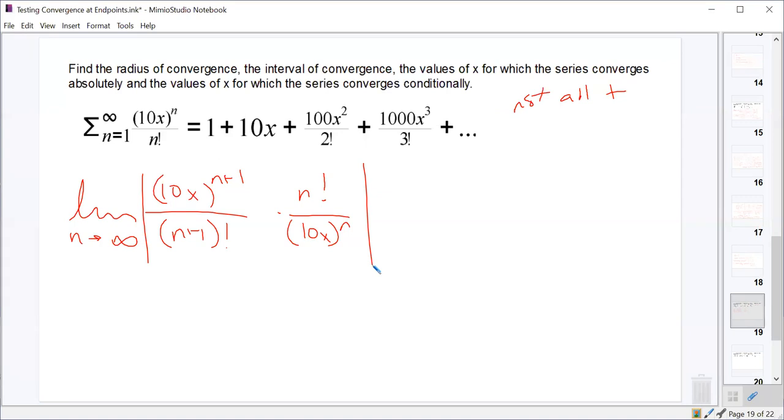What does that simplify to? 10x to the n plus 1 over 10x to the n should just be 10x. And n factorial over n plus 1 factorial ought to be n plus 1 in the denominator. That go right there? Okay.